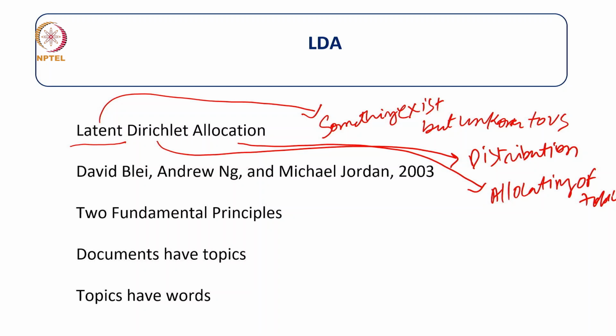There are two key fundamental principles of LDA. One is that each text document is made of a mixture of topics.